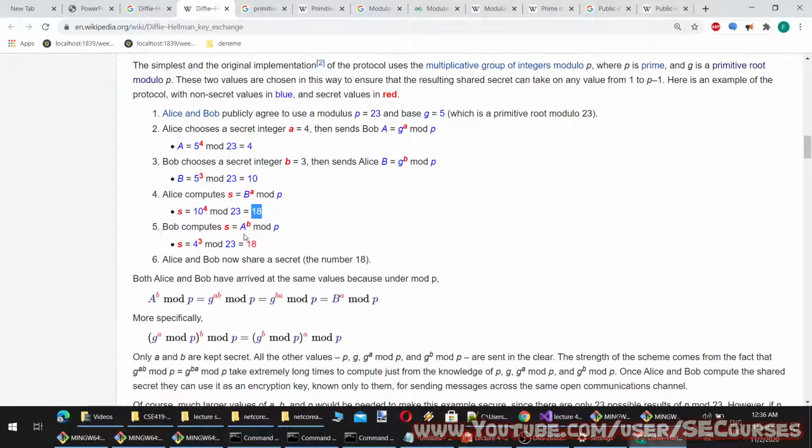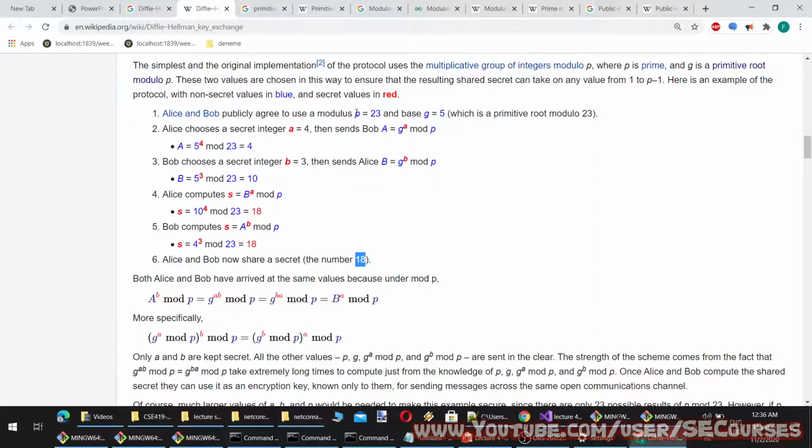Then Bob computes s as A^b mod p. B was only known by Bob, which is 4^3 mod 23, 18. So you see, now Alice and Bob share a secret number 18. Okay, so what did they exchange?